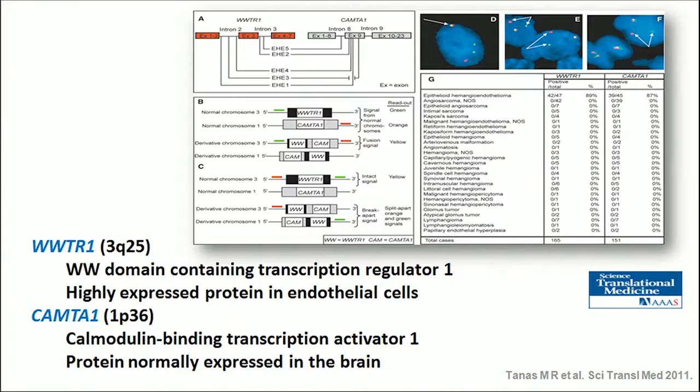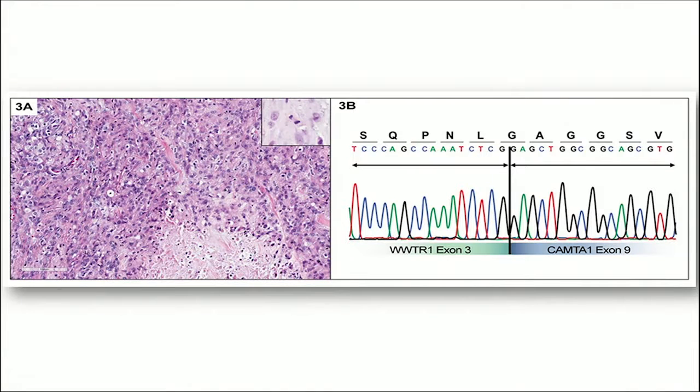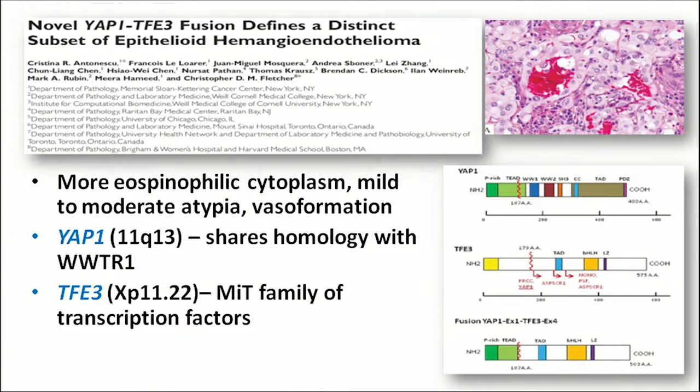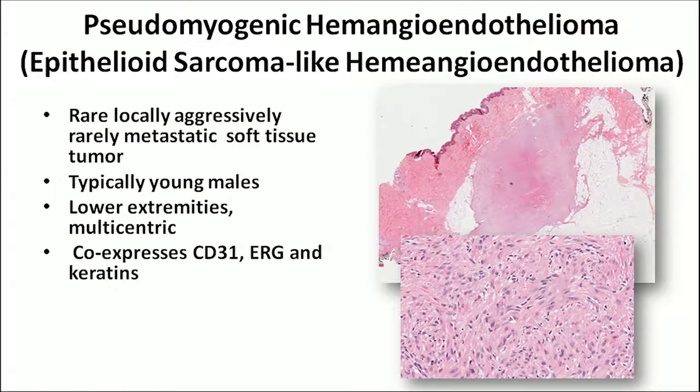There are several different types that can be seen, and here's an example of a case with RT-PCR. And it turns out that you can have a completely different fusion variant within epithelioid hemangioendothelioma involving YAP1 and TFE3. They have slightly different morphology, but most people still consider them to be within the same spectrum.